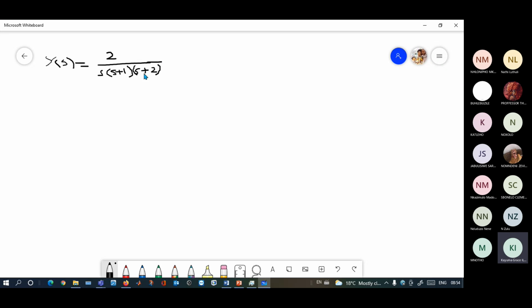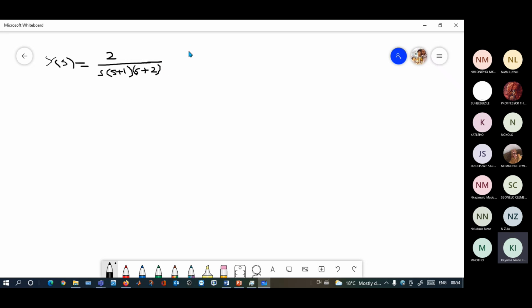So we know we have here, this is our denominator. Please, how many poles do I have here? Guys, how many poles do I have here? 3 poles. This is a third order equation because we have s times this one times that, which is going to be s cubed. So my first pole will be p1.